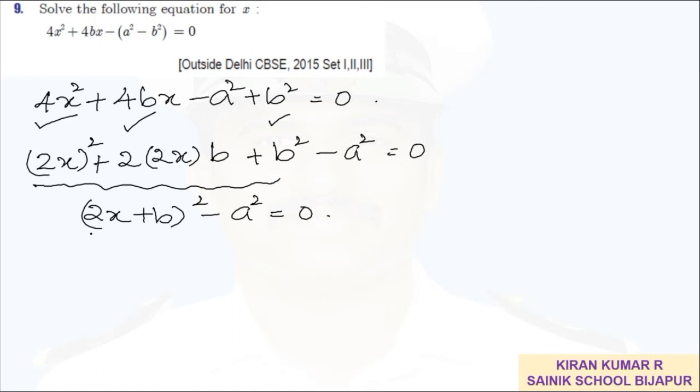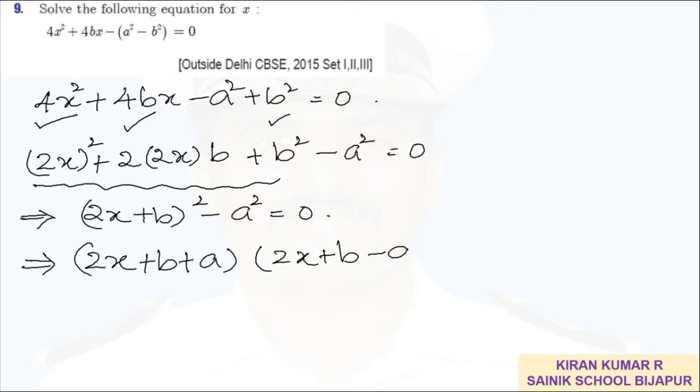So I can make use of a square minus b square identity. I will write it as 2x plus b positive a multiplied to 2x plus b negative a equal to 0.